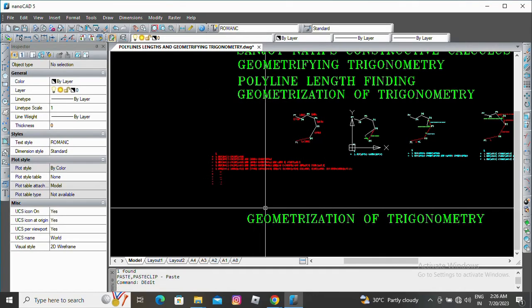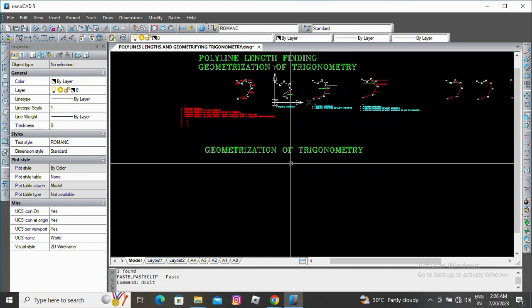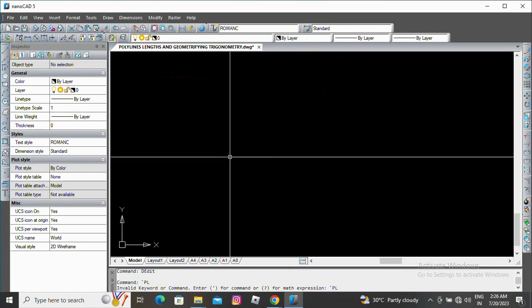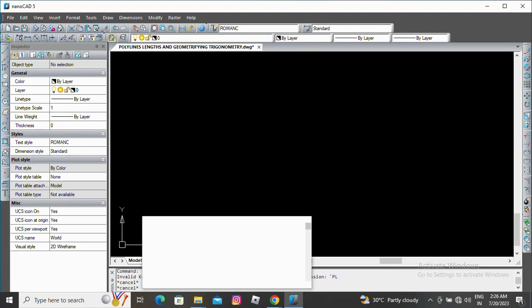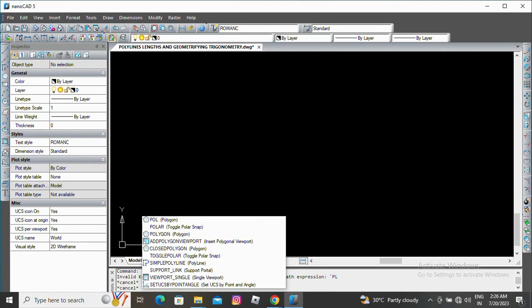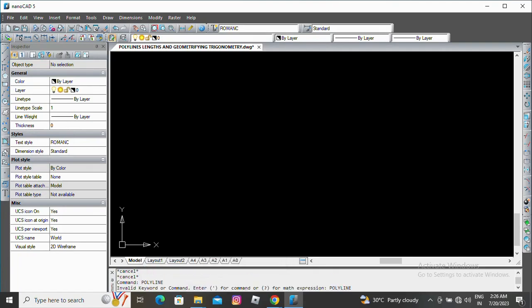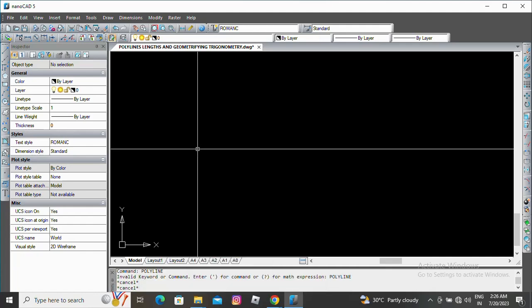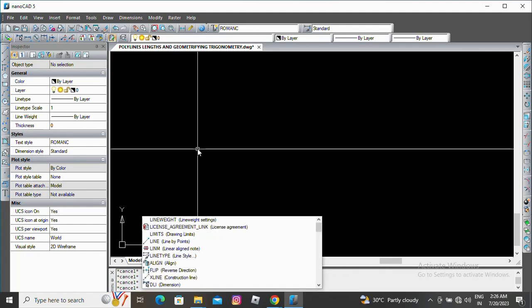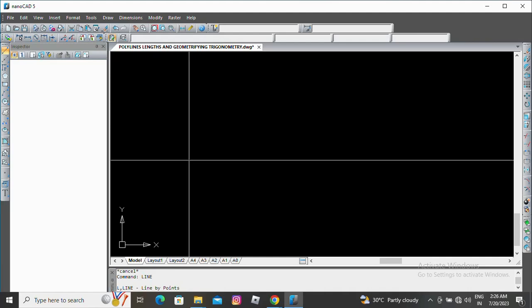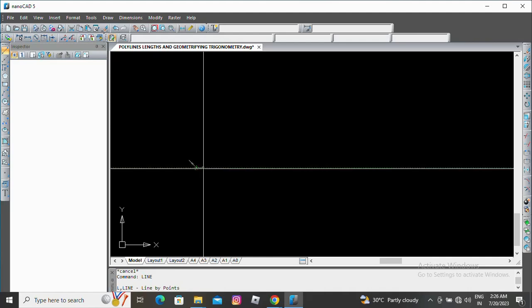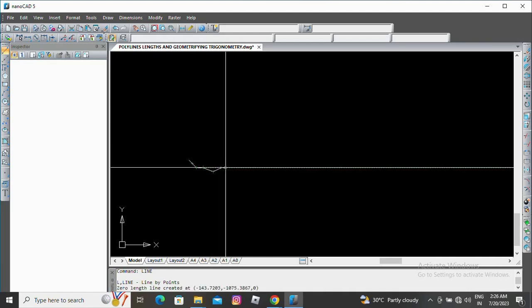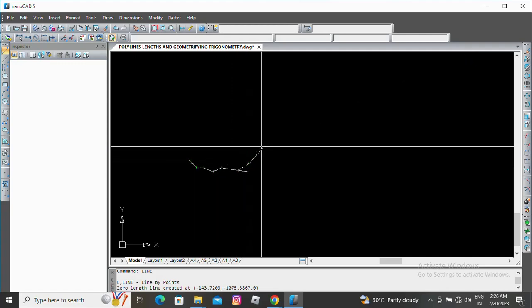So ultimately any polyline drawn in this way, with small line segments forming like this, looks like a discontinuity.